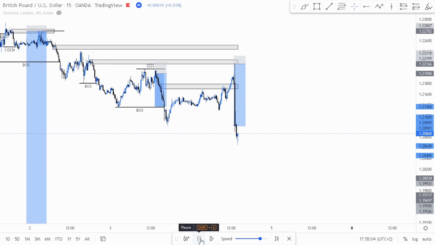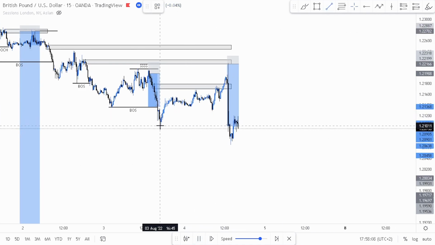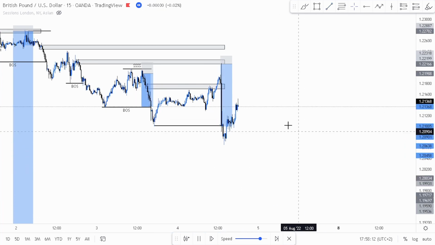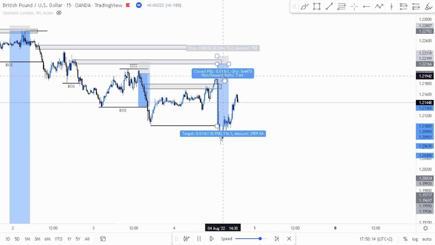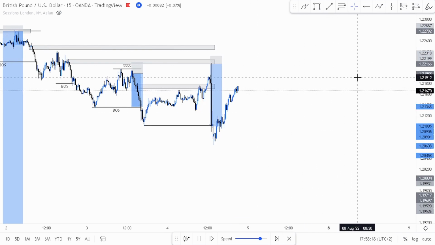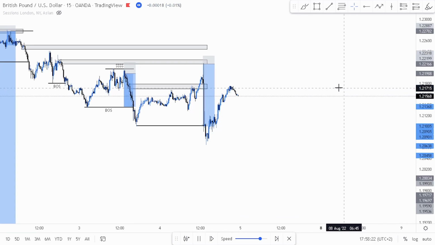Price keeps on dropping, and as you can see we have another break of structure to the downside, and right over here we really don't have any levels of supply to look at. So I did not take any trades, or I wasn't really looking at anything.